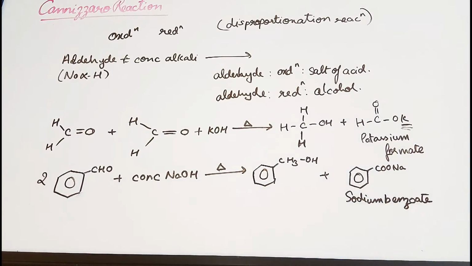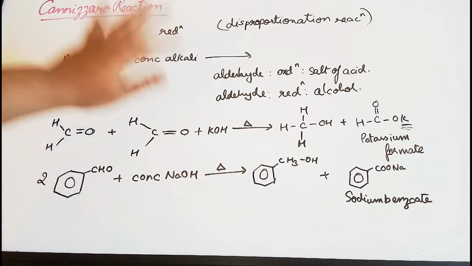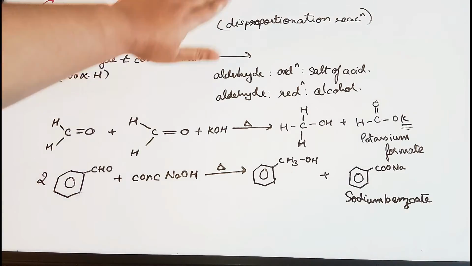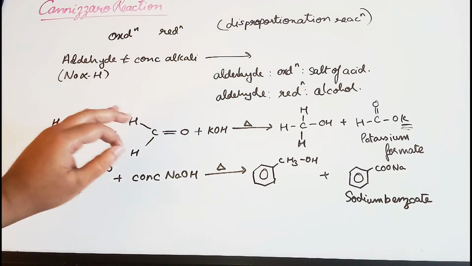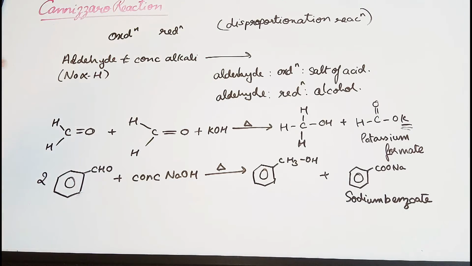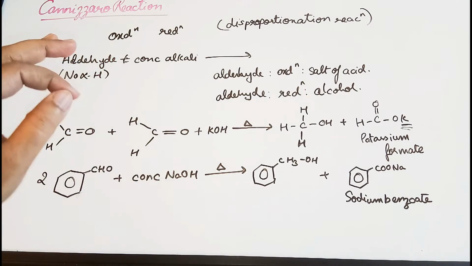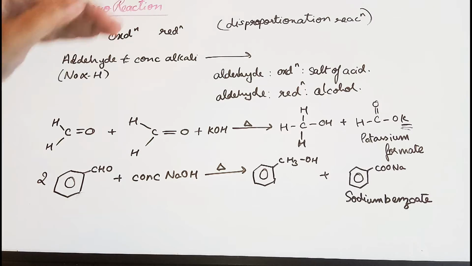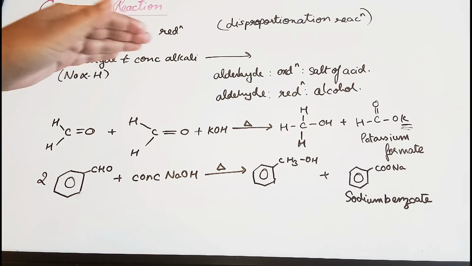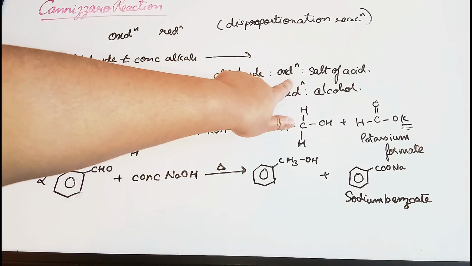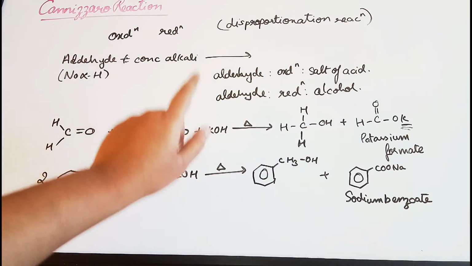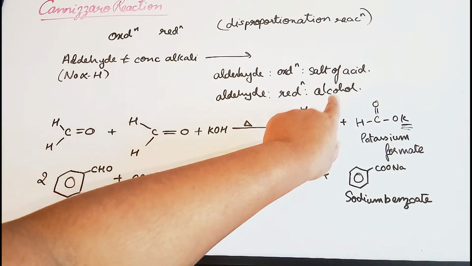So that's about it. An aldehyde which does not possess an alpha hydrogen is reacting with a concentrated alkali and heated to undergo a disproportionation reaction. Disproportionation is a simultaneous oxidation and reduction of a compound. When an aldehyde undergoes oxidation, it forms the salt of the acid, whereas when it undergoes reduction, it forms an alcohol.